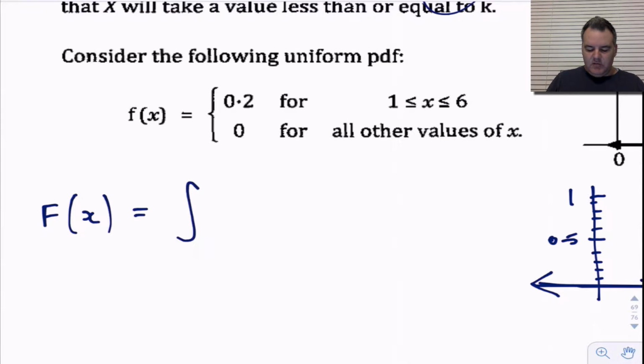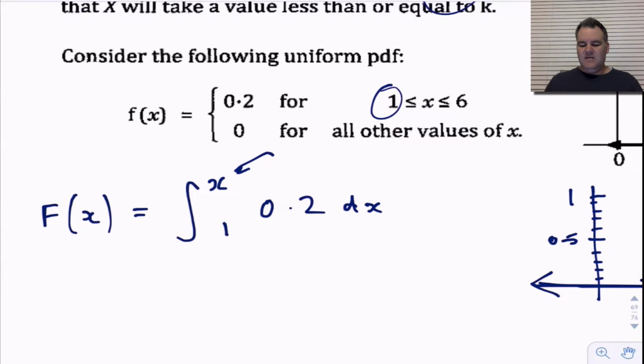It's just the integral from x to, in this case, 1 of f of x dx. Okay, and I know it's strange to have that x there. That looks really weird, so what I like to do is just put a k there to start with and say that F of k.